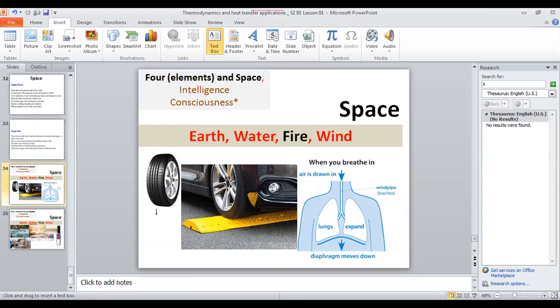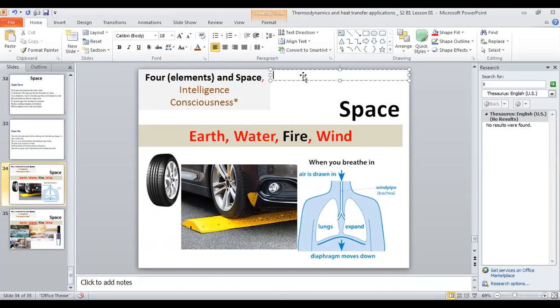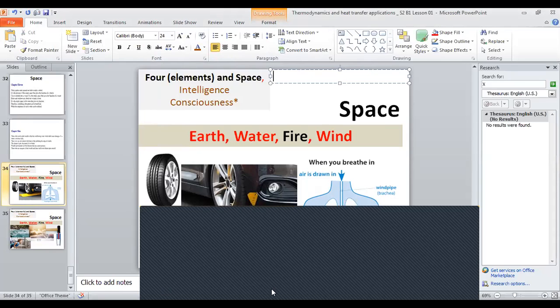Okay, so let me type here. Balancing of four elements and space. That is what is important. Proper word?